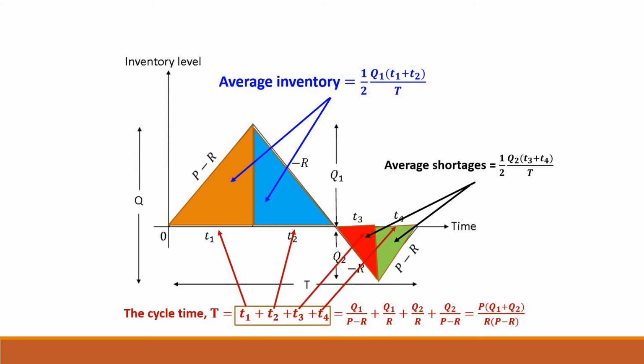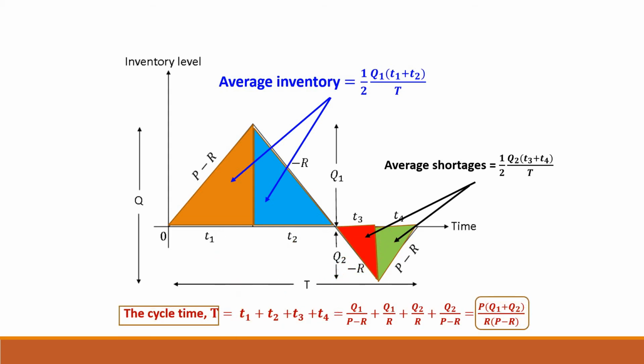The cycle time is sum of T1, T2, T3 and T4, and we had already calculated T1, T2, T3 and T4 in terms of Q1, Q2, P and R. So the cycle time capital T is equal to P into (Q1 plus Q2) upon R into (P minus R).